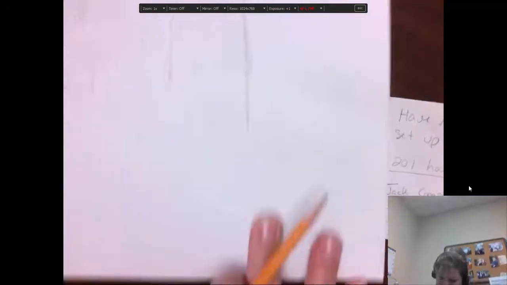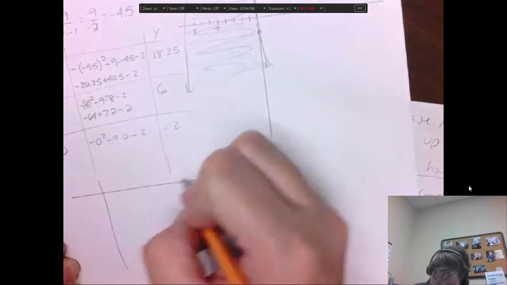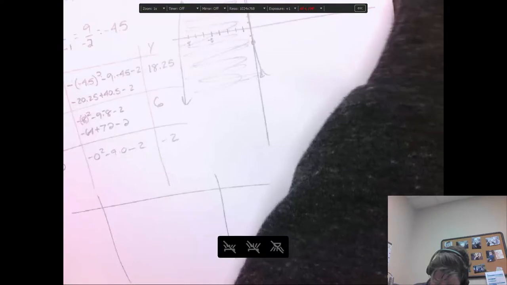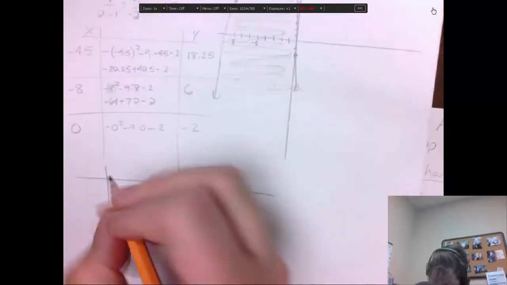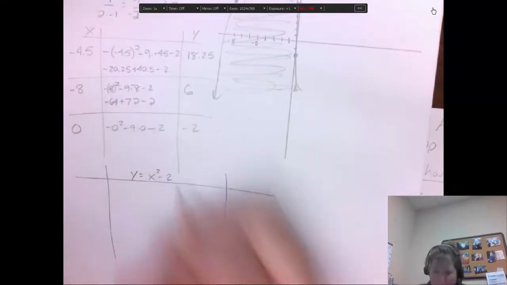So the other one is a little bit easier formula. We have x's and y's. Hopefully I didn't ruin my video. Nope, we're good. Okay. So the next one is a little easier because it is y is equal to x squared minus 2 for our graph.